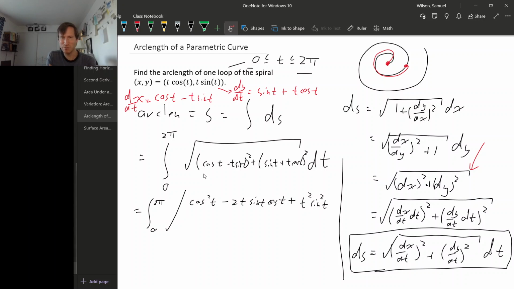Now for the second part, we get sine squared t plus 2t sine t cosine t plus this last bit squared, t squared cosine squared t, dt.